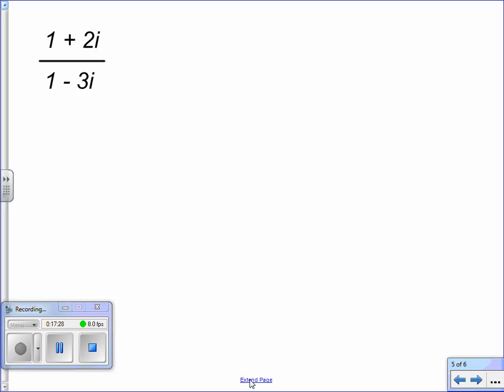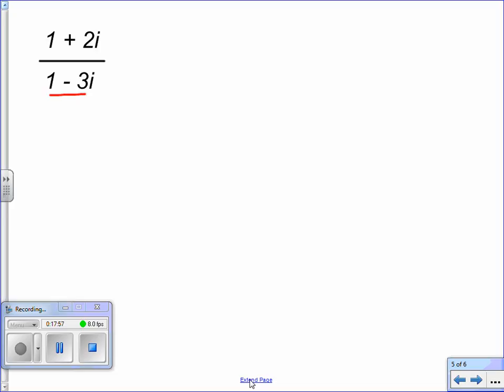Okay, so if you go back up to the top of the notes, the key piece about division is not that we're actually going to do any dividing. We're focused on looking at this as a fraction with a numerator and a denominator, and in the denominator I am not allowed to have i. So in the denominator I have 1 minus 3i. To get rid of i, if I'm working with 1 minus 3i, I can multiply by its complex conjugate.